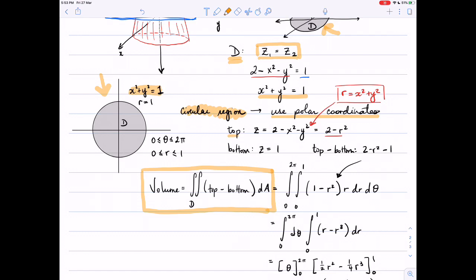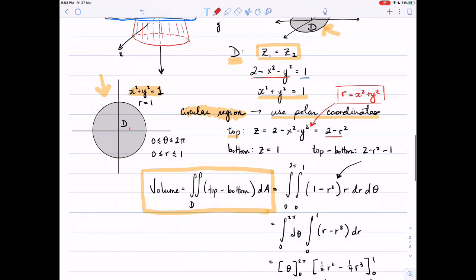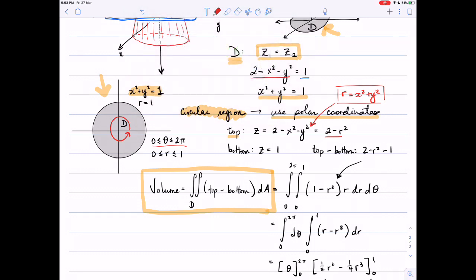We also then need to determine the inequalities which cover our region D in terms of polar coordinates. So if we go for theta, we want 1 full revolution of the circle. So theta is going to go from 0 to 2 pi. We want the radius, which goes out from 0 and fills out the entire region.